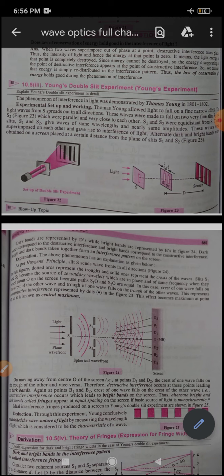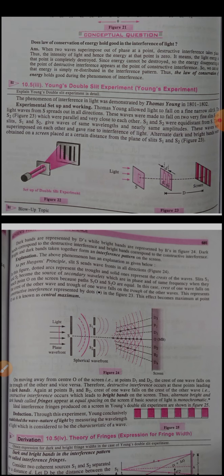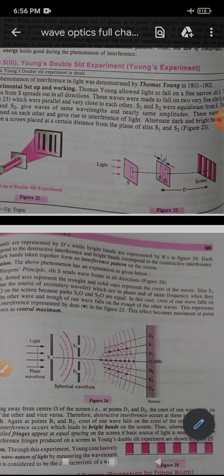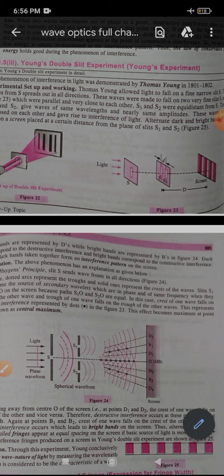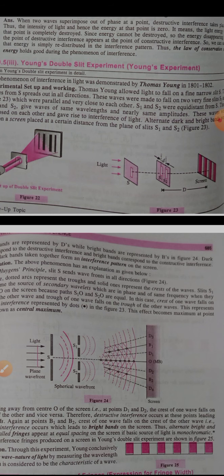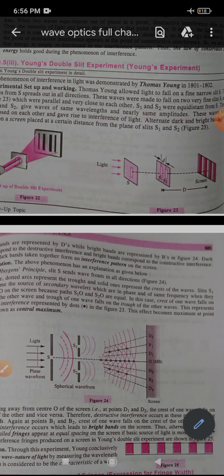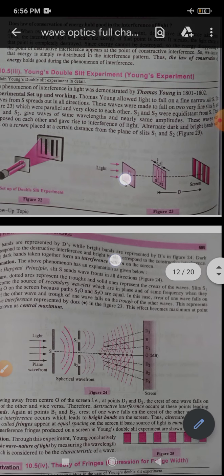These waves were made to fall on two very fine slits S1 and S2, which are parallel and very close to each other. The light from the source falls on slit S, and whatever light comes out of S is made to fall on the S1 and S2 slits.